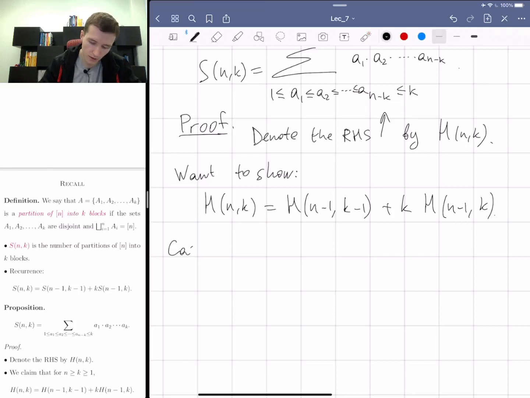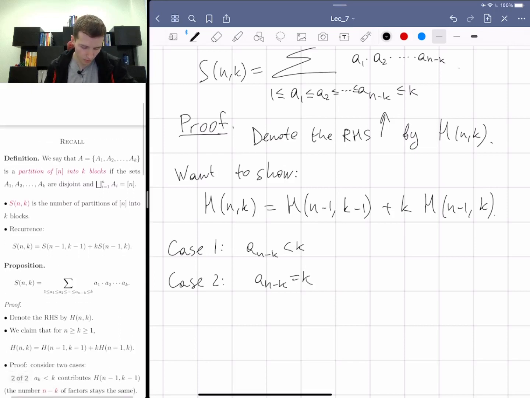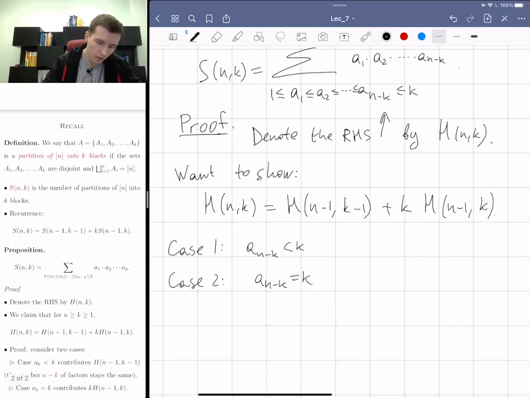In the first case a n minus k is strictly less than k, and in the second case a n minus k is equal to k. Let me try to fix the notes. Here, instead of a k it should be a n minus k.